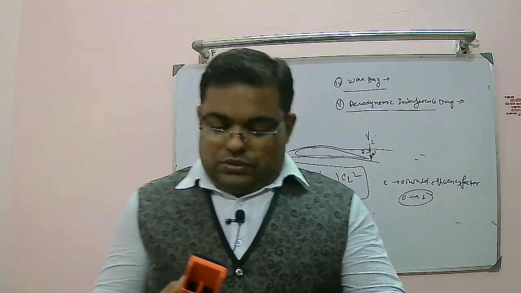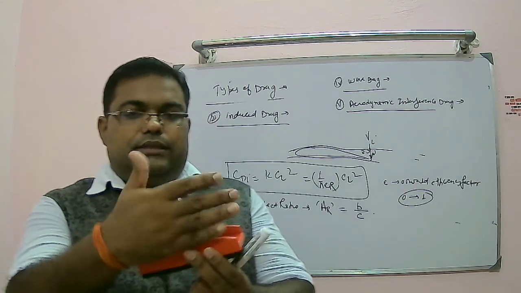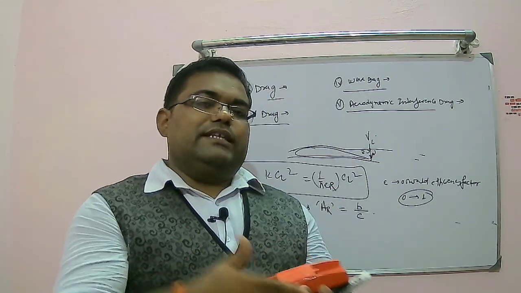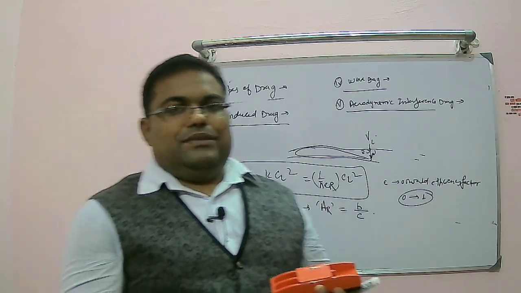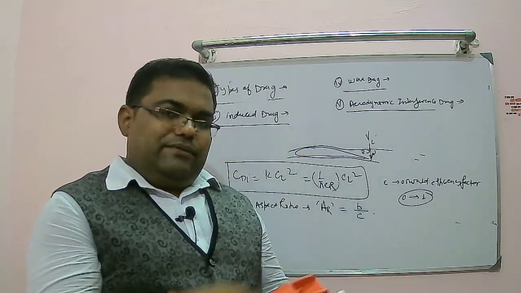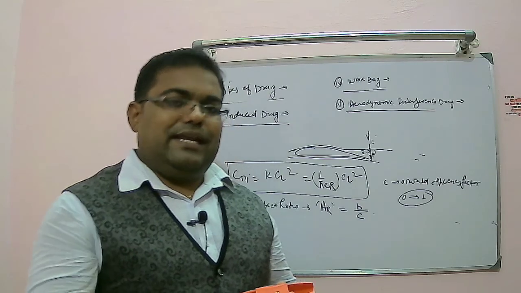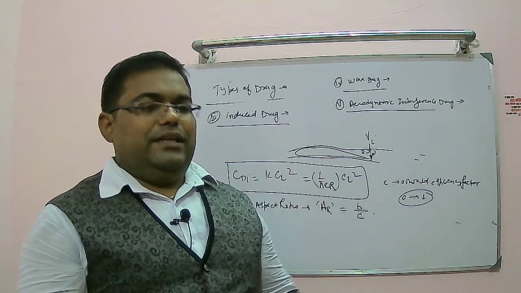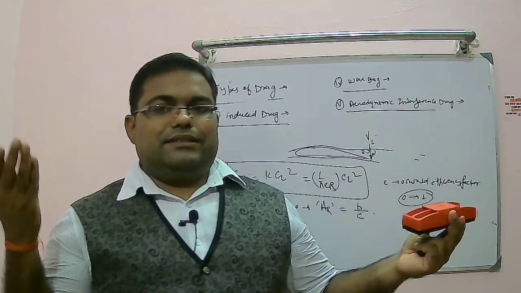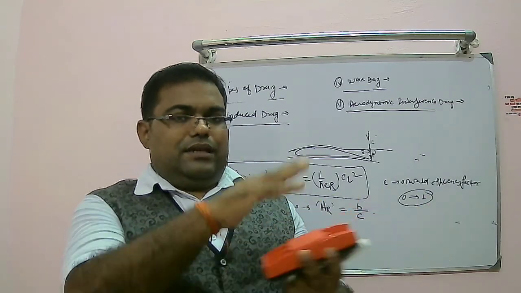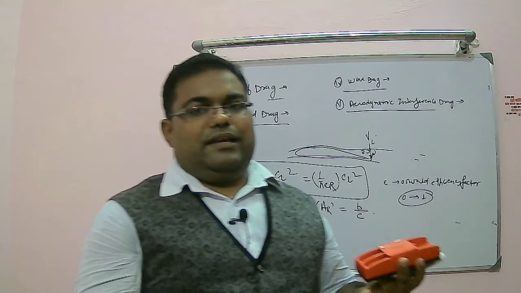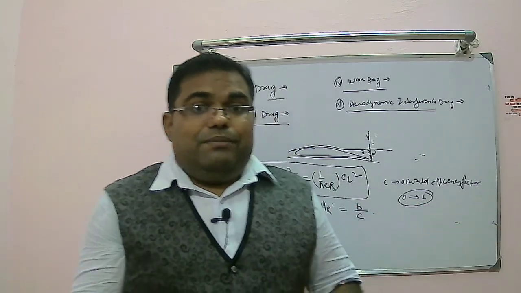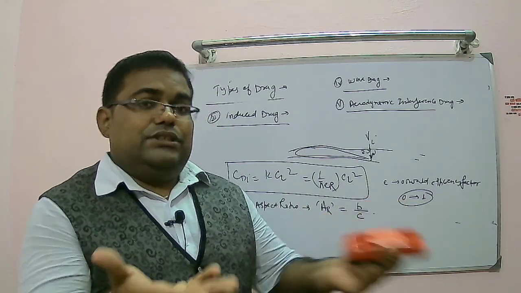If two bodies are going parallel to each other, flow over one body disturbs the flow over another body, and due to this disturbance it will contribute some sort of drag over the nearby object. Let's suppose two aircraft are passing each other. One is going like this, another is going like this. Flow over this aircraft will disturb the flow over the other aircraft. So all of a sudden, the second aircraft will feel unstable because of the interference between these two aircraft.